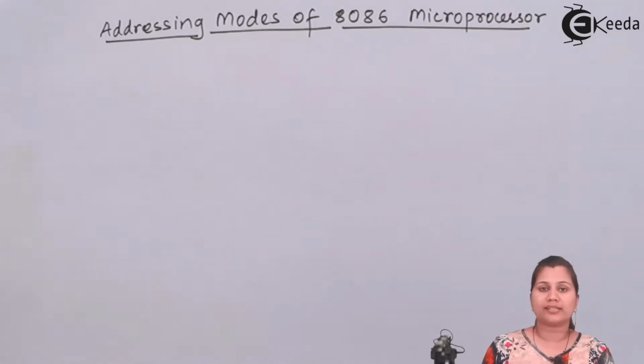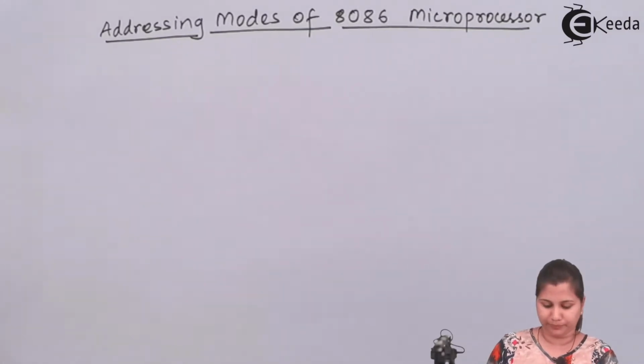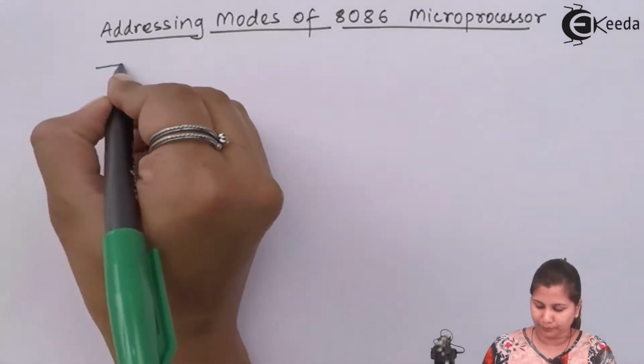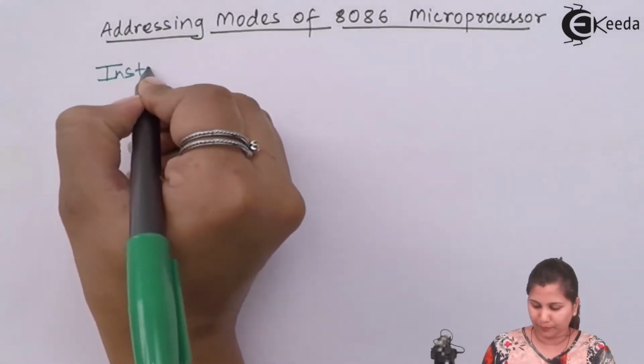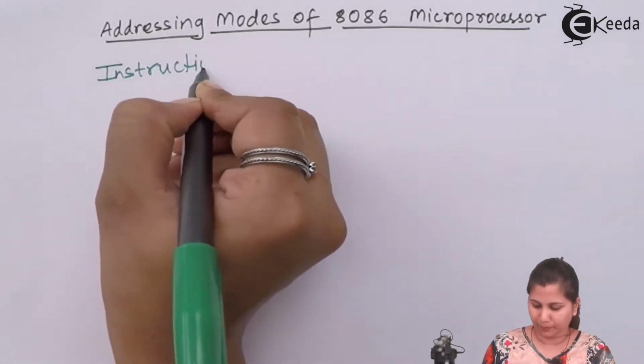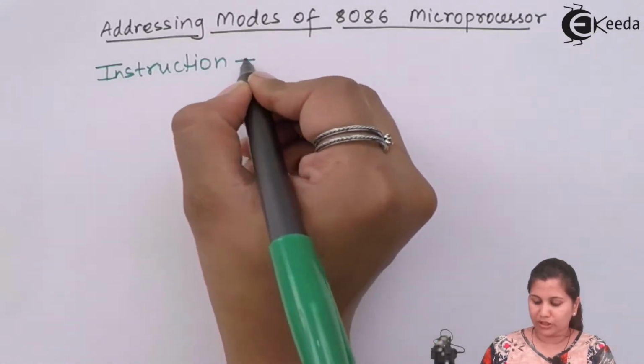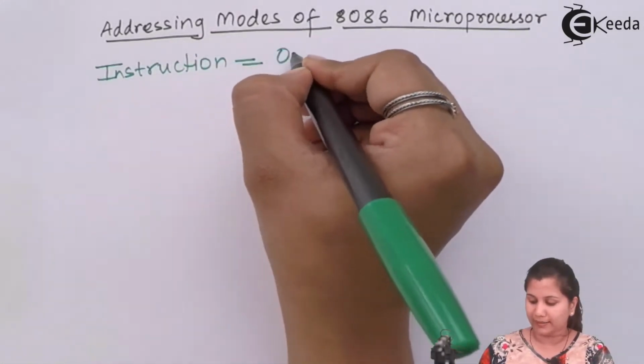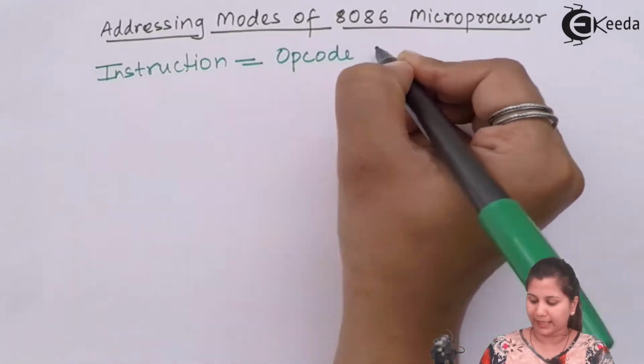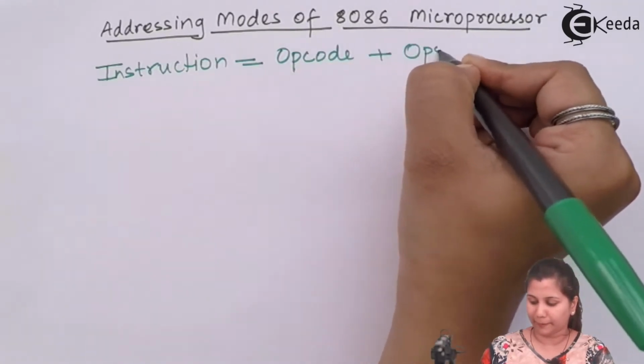Now instructions consist of two parts: one is the opcode and the second is the operand.